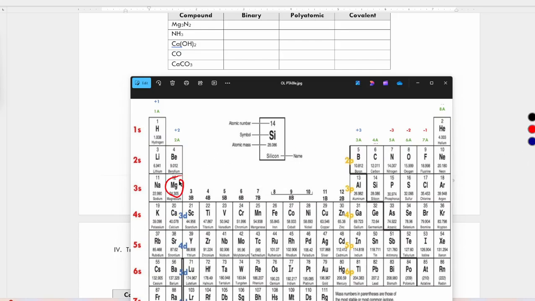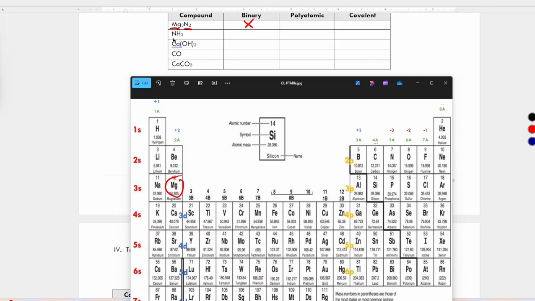Magnesium is a metal. That means it's ionic. So is it binary or is it polyatomic? That's what we have to figure out. Well, we have Mg and N. Now I know you have 3 Mg's and 2 N's, but we only have one type of metal and one type of nonmetal. That's two things together. That makes it binary. Binary means two things together.